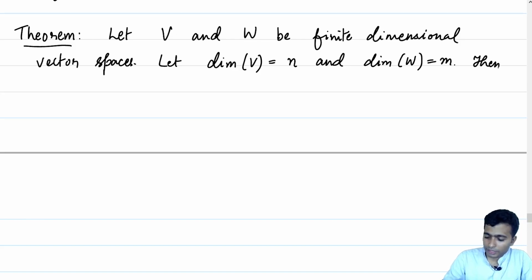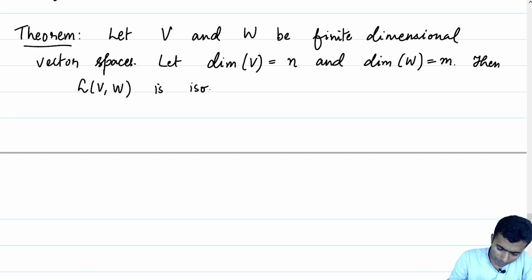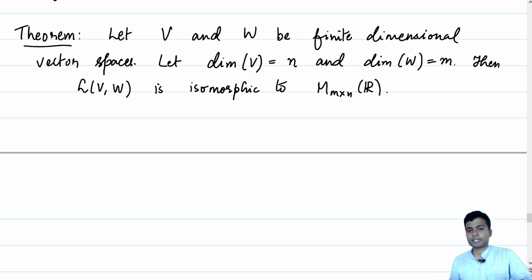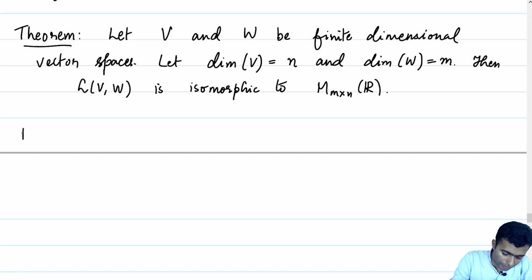Then the theorem states that L of V comma W is isomorphic to the matrices over R of size m cross n. Okay, let's give a proof of this. The proof is quite straightforward.